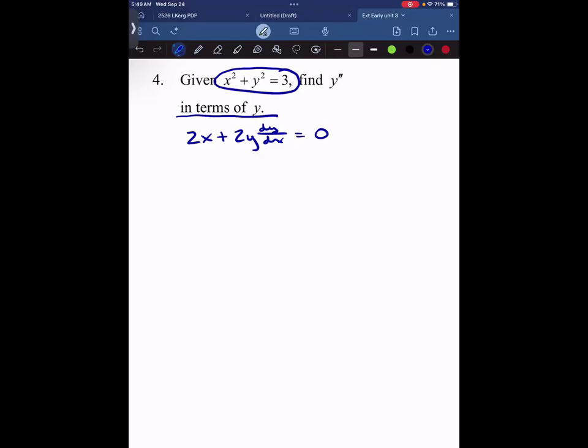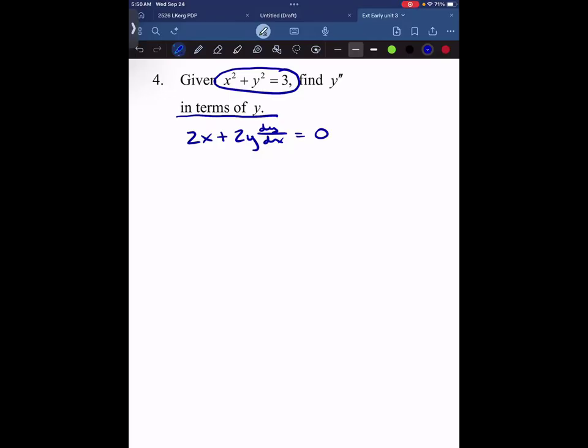We can differentiate just as it is, or we can solve for dy/dx and then differentiate. I'll show you both ways, because I can erase. First I'll take the second derivative directly, and then I'll do it where I solve.